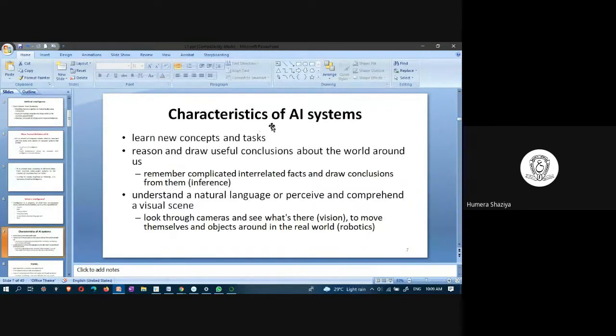What are the characteristics of an AI system? Well, in order to define the characteristics, we should know what intelligence is.